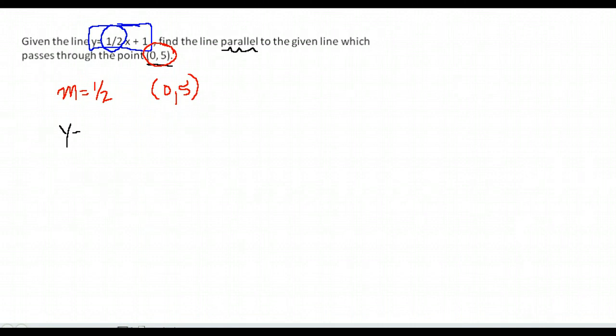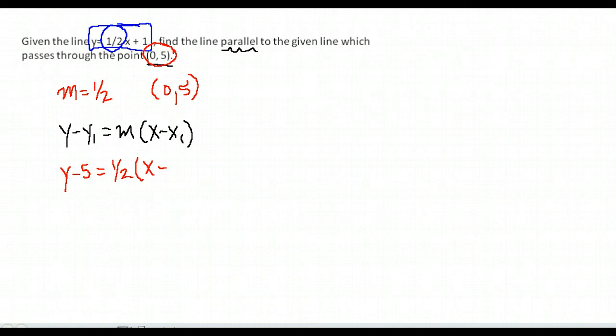We're going to do this using point-slope form. So again, y minus y1 equals m times (x minus x1) is what we're going to use. And we just substitute our parts that we have. So y minus the y from our point, which was 5, equals m, our slope of 1/2, times x minus x1, the x from our point, which was 0.